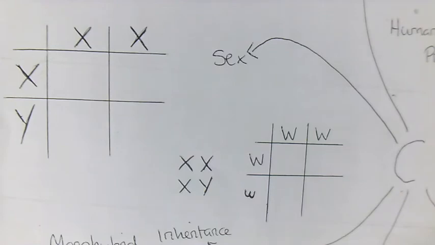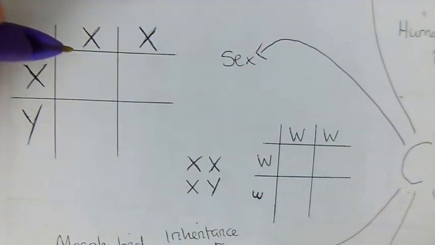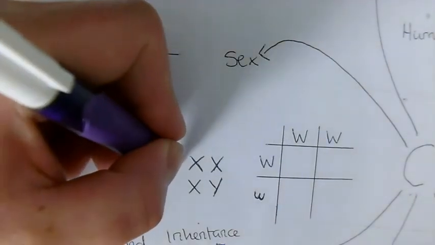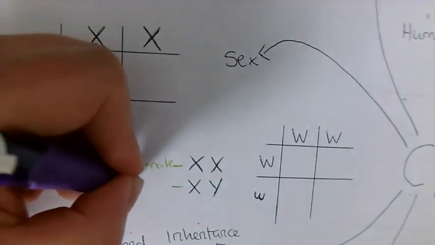Another way of finding out the percentage chance of someone being brown-haired, blue-eyed, male, female is to use a Punnett square. So we can use these squares that look like this to work that out. First of all, we're going to do sex. So if we have a male and a female mating, a female is going to be XX, so this is female, and a male is XY.